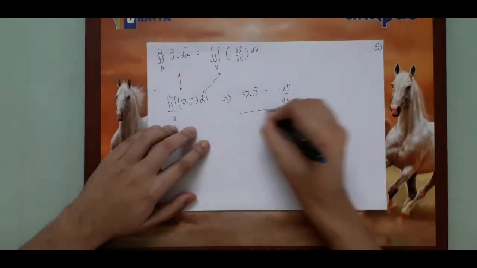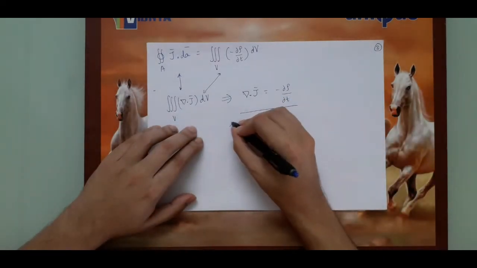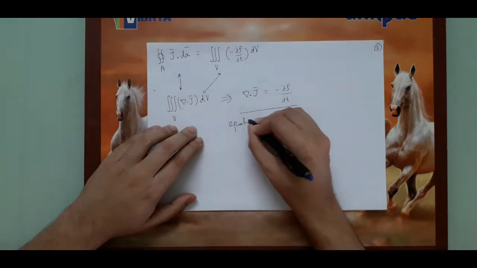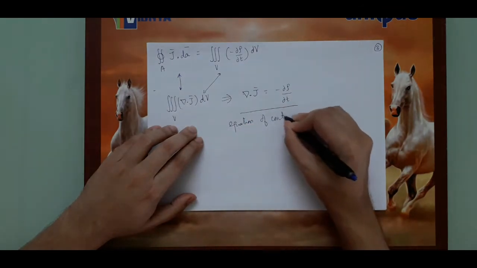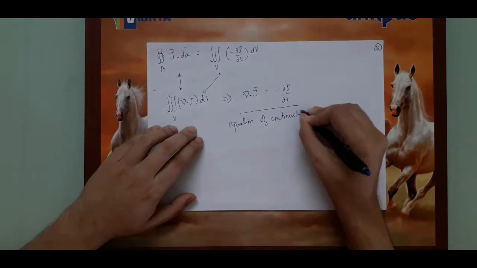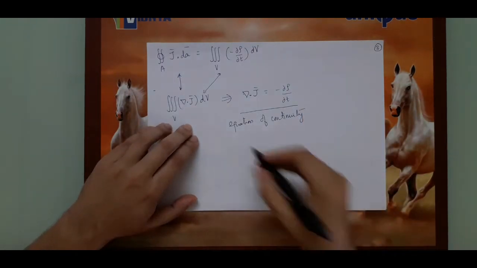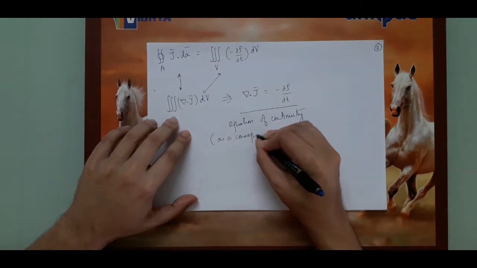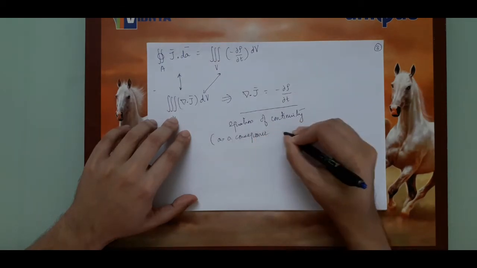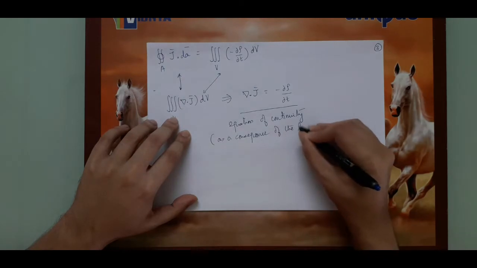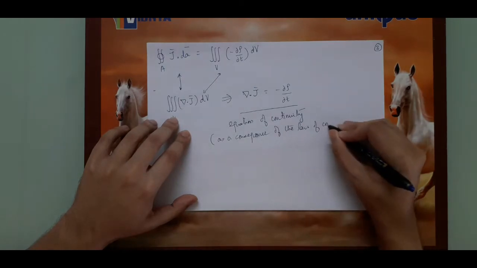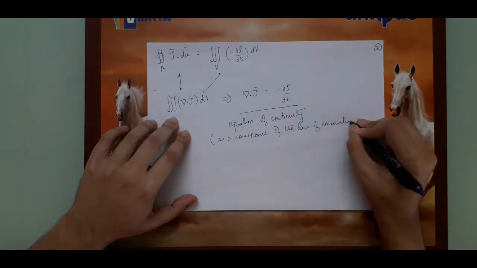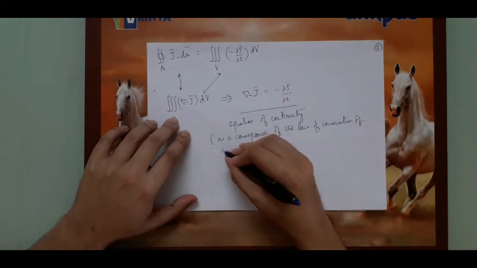This equation is called the equation of continuity, because it comes as a consequence of the law of conservation of matter.